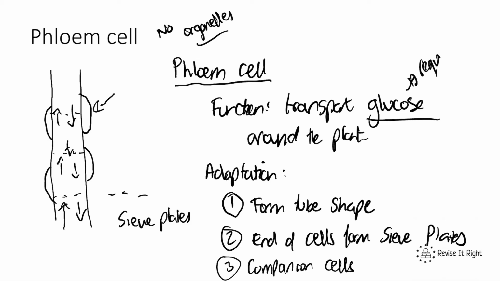Because of that, the phloem cell is going to need mitochondria, but it doesn't contain any organelles. So these companion cells contain lots of mitochondria to provide the energy for the phloem cell to move glucose up and around the plant.